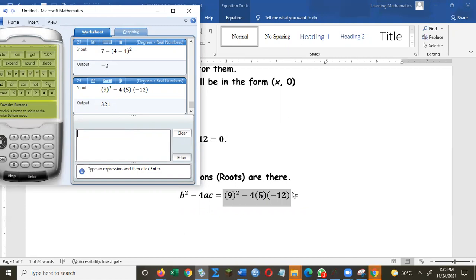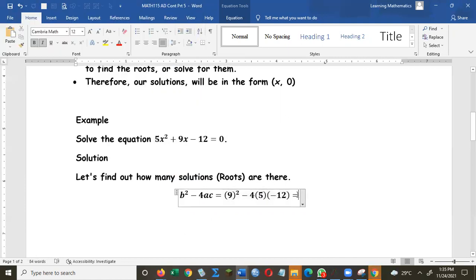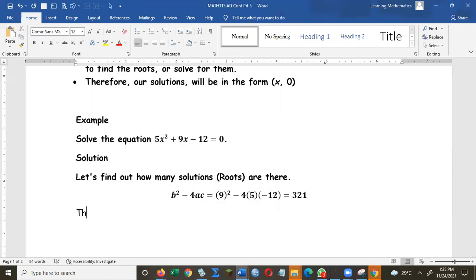We get 321. Does that mean the quadratic has 321 roots? When we write therefore, what do we say? Therefore, this quadratic has 2 roots. Why is that so? What is more than 0? The discriminant. You know, we just did matrices, determinant, and then discriminant.